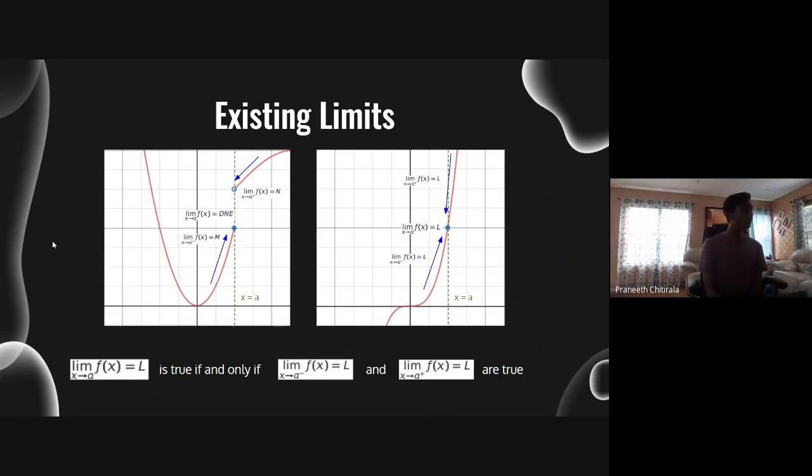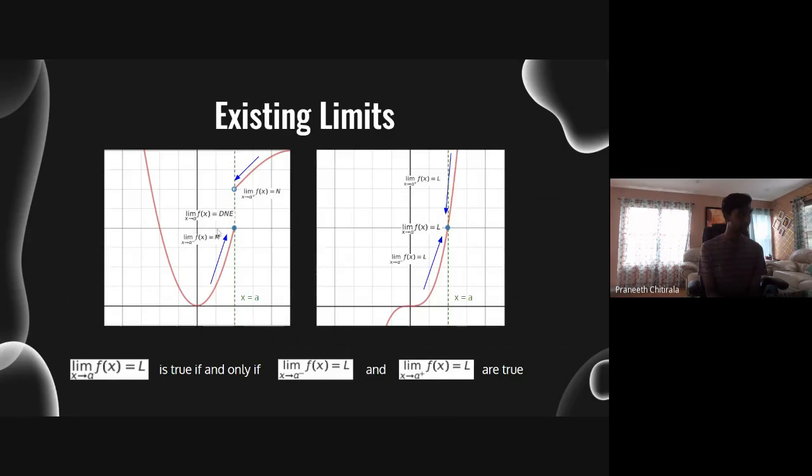So now, what does it mean if a limit exists? Going back to the previous examples, we have this function here. Suppose this is x equals a. If f of x approaches a from the left side, the limit is m.